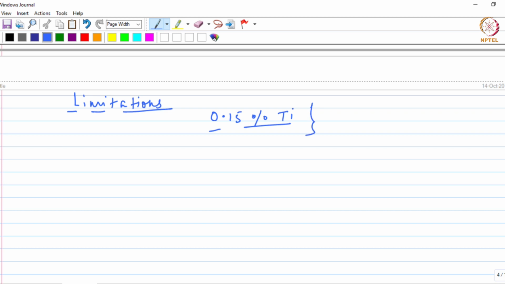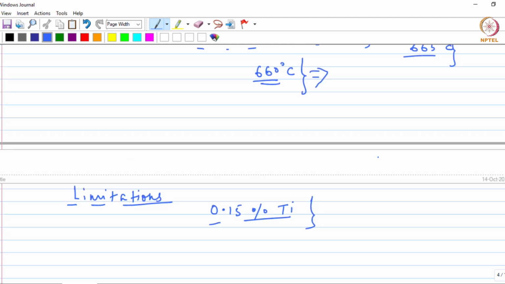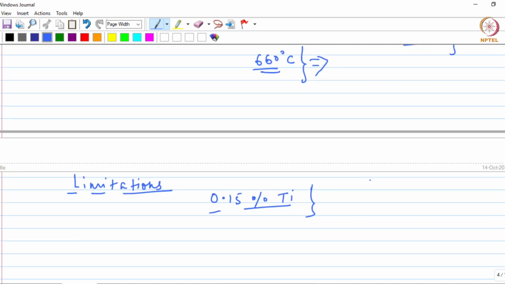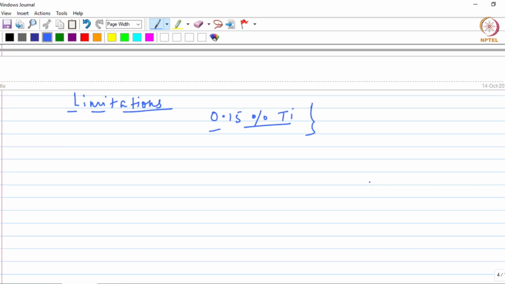If you look at the aluminium-titanium phase diagram, you would find this peritectic at 0.15% titanium at a temperature of 665 degrees Celsius. But titanium addition is done in very small amounts, as we have discussed before, in the range of 0.01%. Right, so it is too low for the peritectic reaction to occur, right?